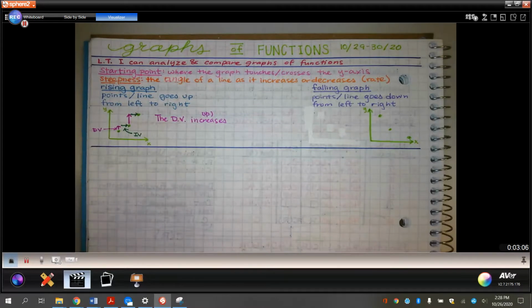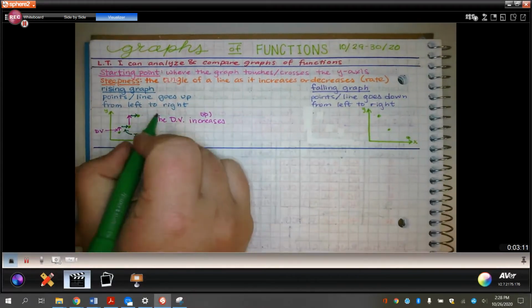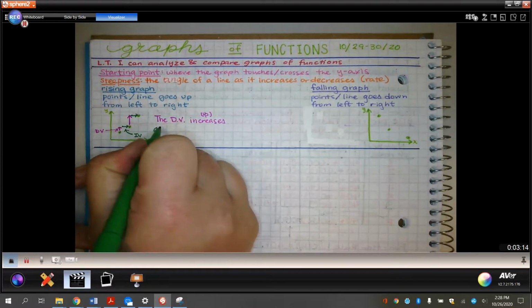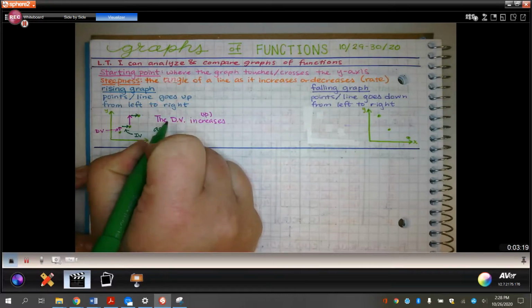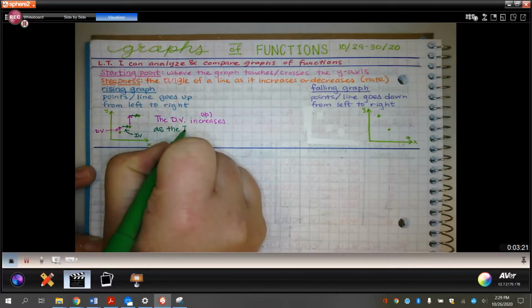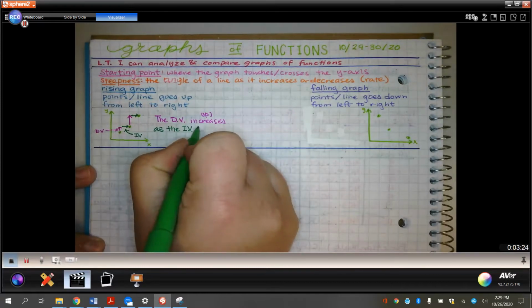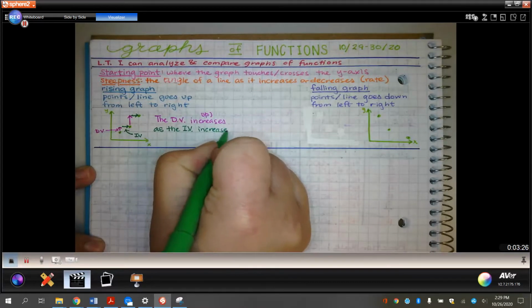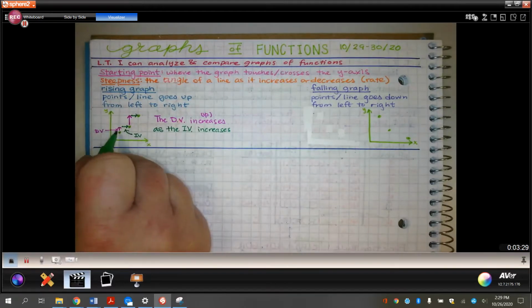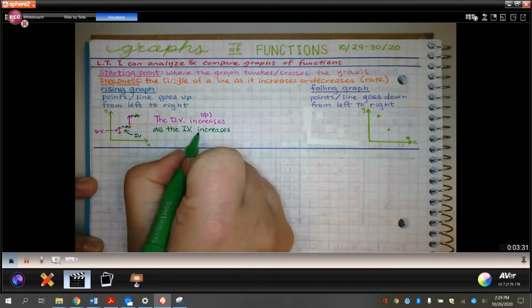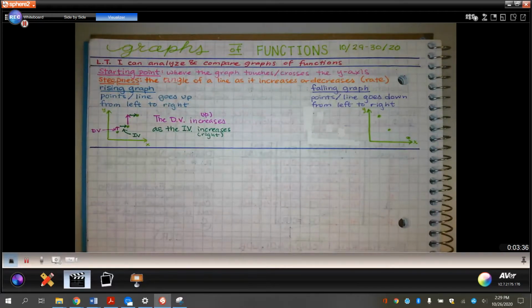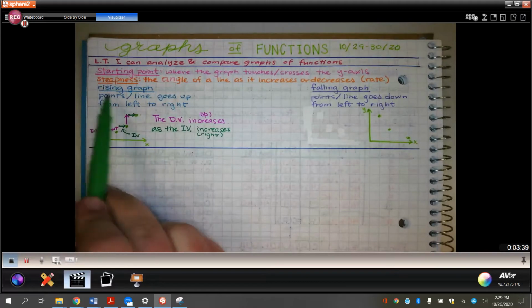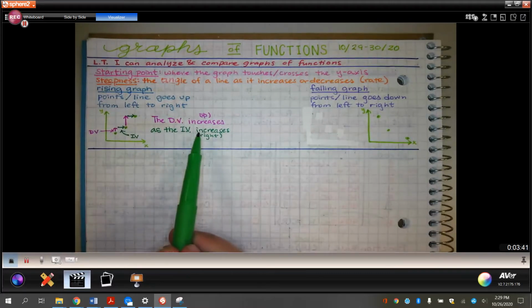As, so again, we have that kind of phrasing like our verbal representation, as the independent variable, so I'm going to write the IV for independent variable, increases. And why is the independent variable increasing? Well, because it's going toward the right. Okay? So, in this case, if a graph is rising, the dependent variable increases as the independent variable increases.